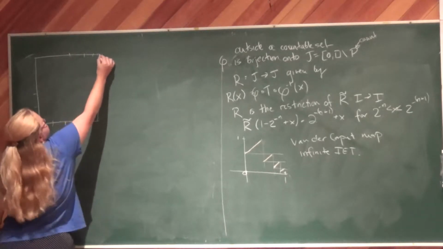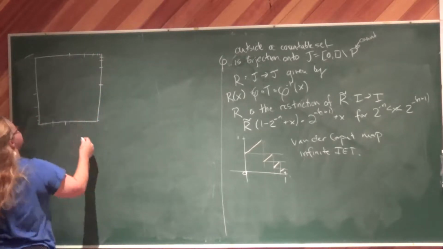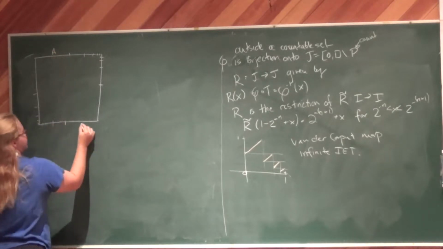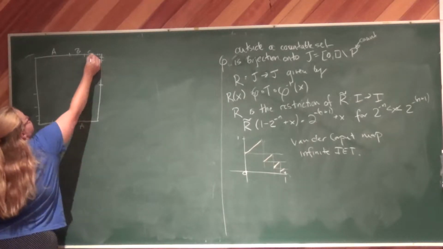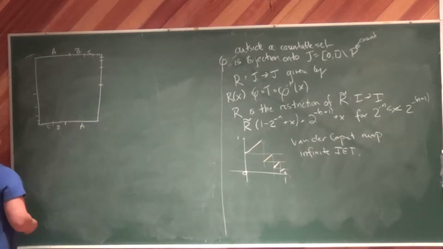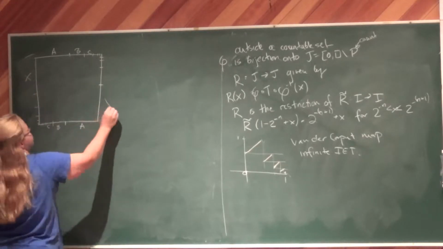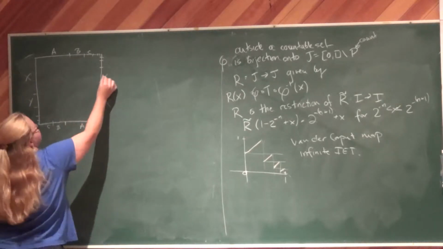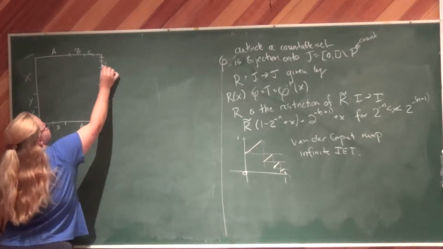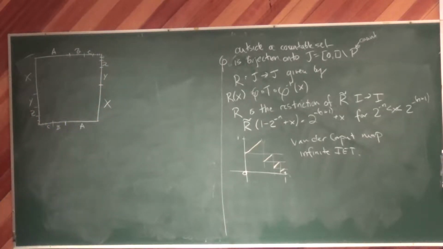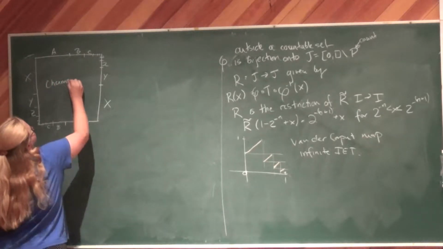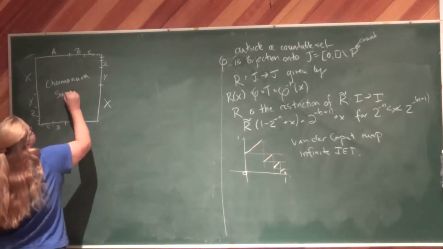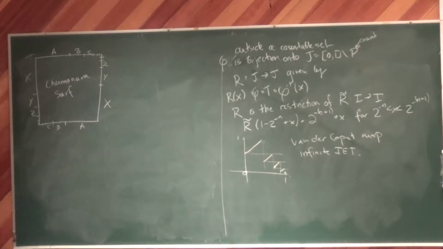And this is infinite. Each interval is half as big as the previous one. And the way we glue the top is we call this segment A, and glue it to this segment A, B, B, C, C, etc. And maybe X, X, Y, Y, Z, Z, and some more letters. So this is the Chamanara surface, right here, which was one of the first examples of an infinite type finite area translation surface.